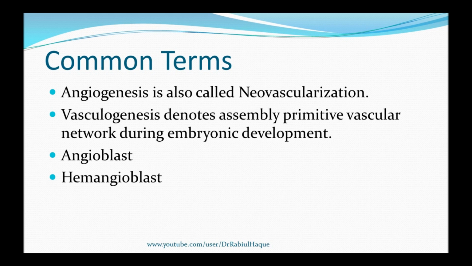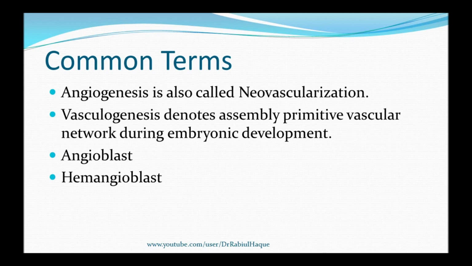It will give rise to hemopoietic cells that will later give rise to different cells of the blood, cells like red blood cell, white blood cell, platelets, etc. But at the same time, hemangioblast will also give rise to endothelial precursor cells, and that will give rise to primitive blood vessels. So that was a nice thing to know.